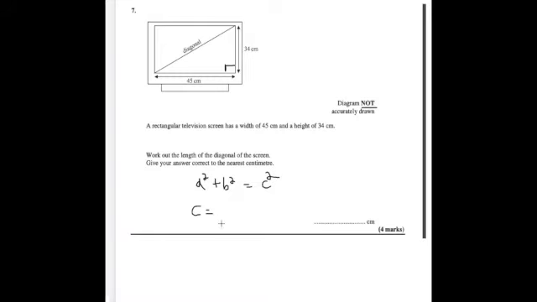So c equals the square root, because you're getting rid of that square, of 34 squared plus 45 squared. Remember, the diagonal line, the hypotenuse, the longest one, you label C, and the other two A or B. So 34 squared plus 45 squared.